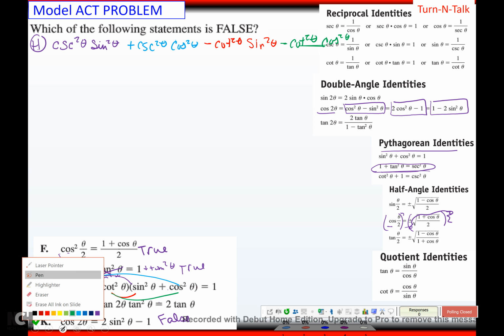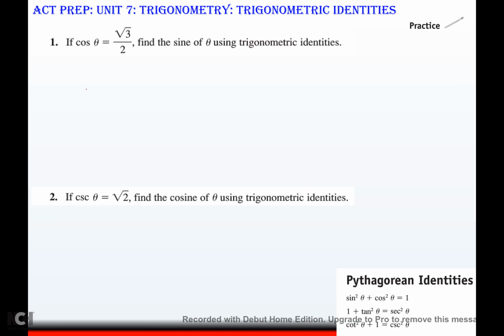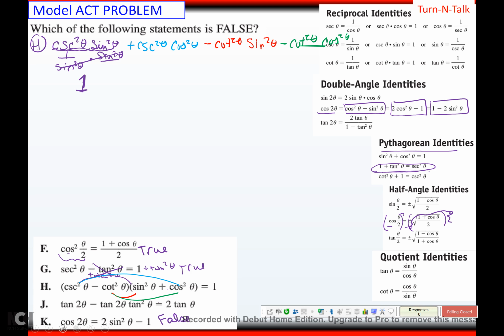Okay, so now we would have to simplify all of these. Well, I know that cosecant is reciprocal to sine, so I can rewrite this as 1 over sine squared theta times sine squared theta, which cancels out, and this whole thing simplifies down to 1. My next one would simplify down to, again, 1 over sine squared theta times cosine squared theta, which is cosine squared theta over sine squared theta.